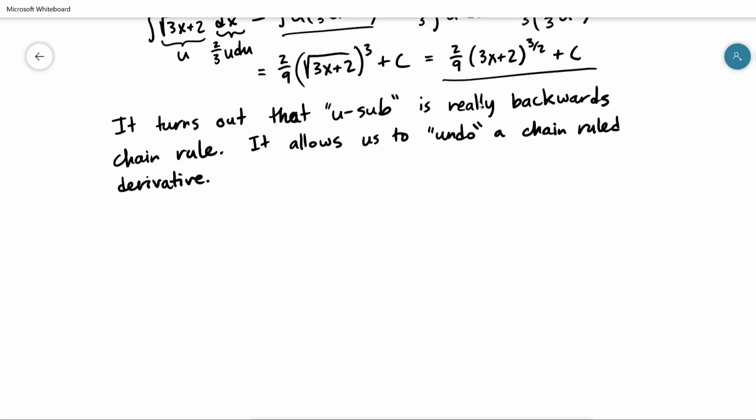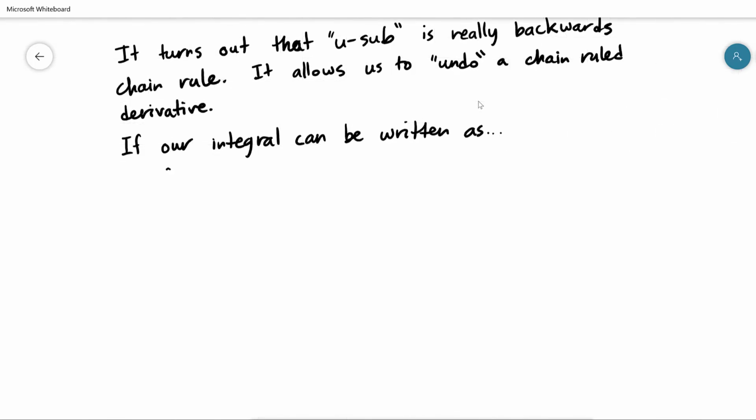Okay. So think about it like this. If our integral can be written as the following, so my integral is going to be the integral of some f of g of x.